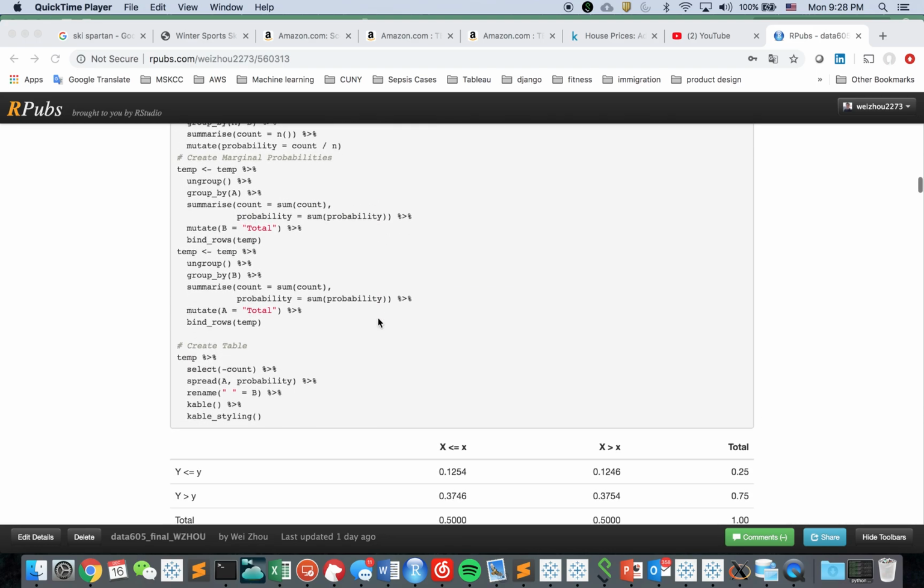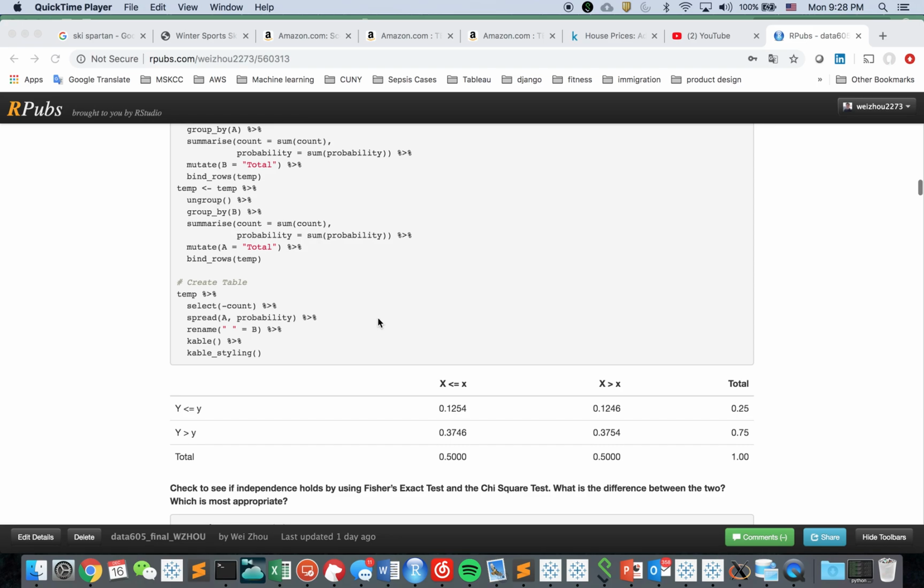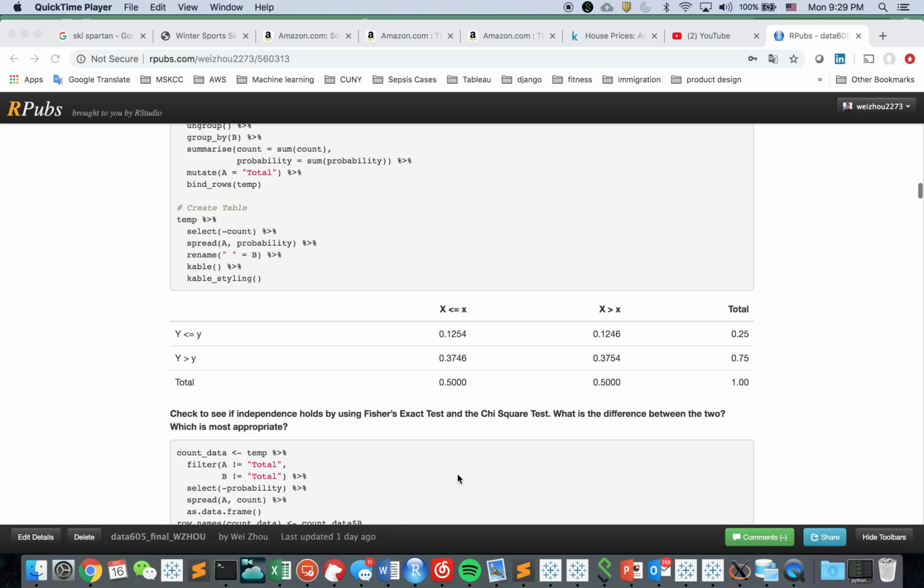So here we're just picking out all the numbers in X that fit these conditions, and picking out all those Y's fitting those conditions, and creating a contingency table and calculating their probabilities, and here is the result.